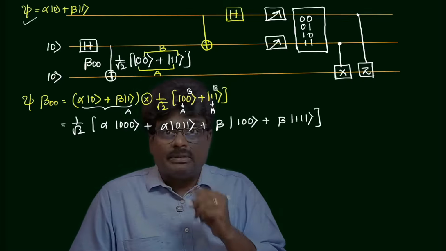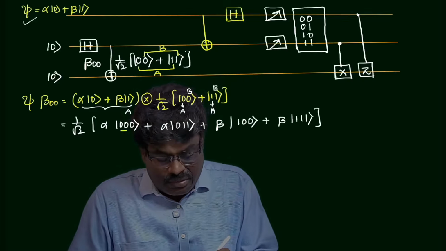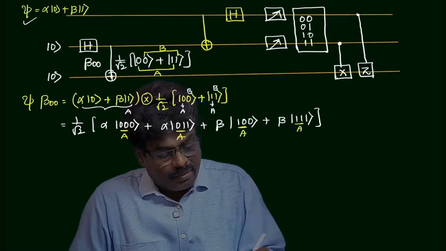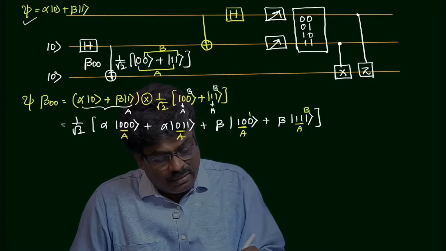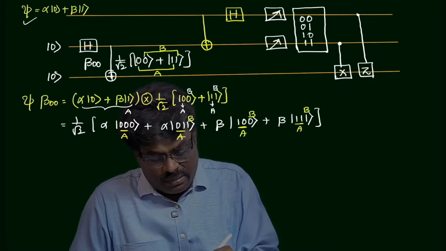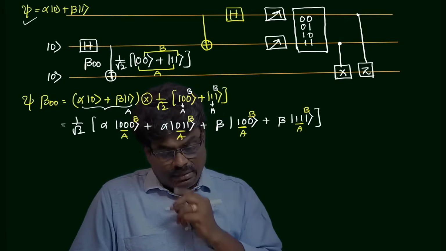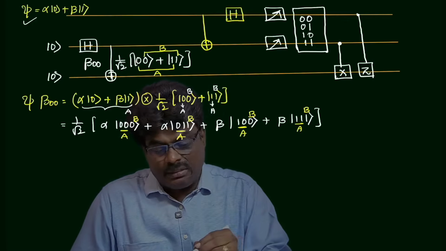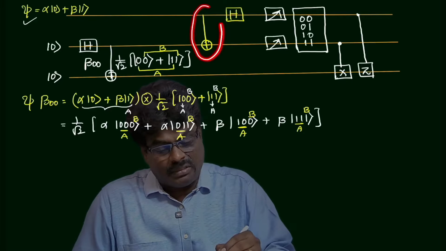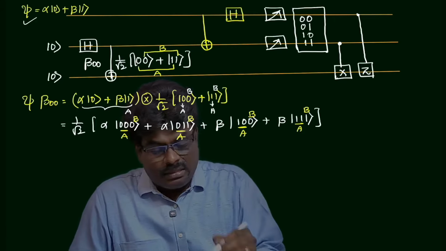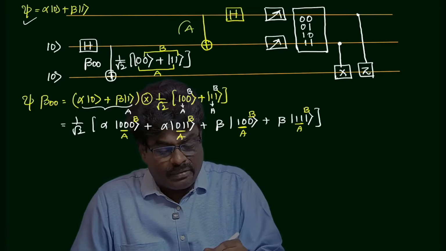And don't forget this point, these first two qubits belong to A and the last one is the B qubit. Fine. After that we have this C naught operation on the first two qubits of A. So this is the C naught operation of A.